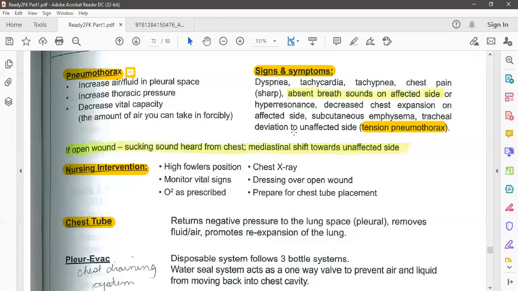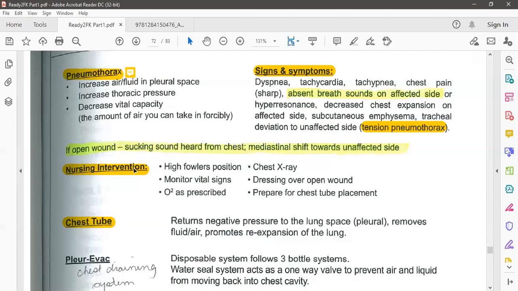When the trachea is deviated and air enters the pleural space during inspiration but cannot escape during expiration, we call it tension pneumothorax. If an open wound occurs, a sucking sound is heard, or there is a mediastinal shift toward the unaffected side. These are the findings.